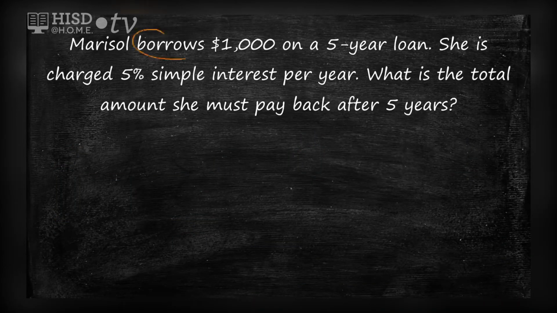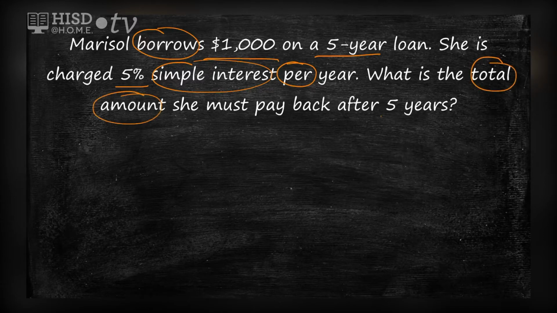We have the following problem. Marisol borrows, keyword, $1,000 on a 5-year loan. She is charged 5% simple interest per year. And my question is, what is the total amount she must pay back after 5 years?